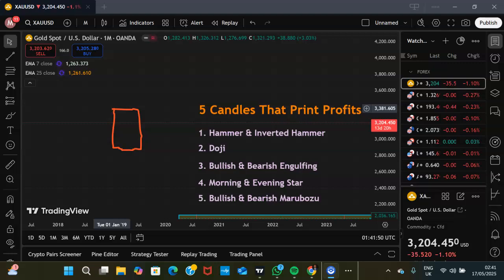Now, if you can identify and understand the psychology behind these five candlestick pairs, both the bullish and the bearish version, I guarantee you could take your trading game to a different level, because yes, candlesticks increase the precision and accuracy of our trades across any chart.